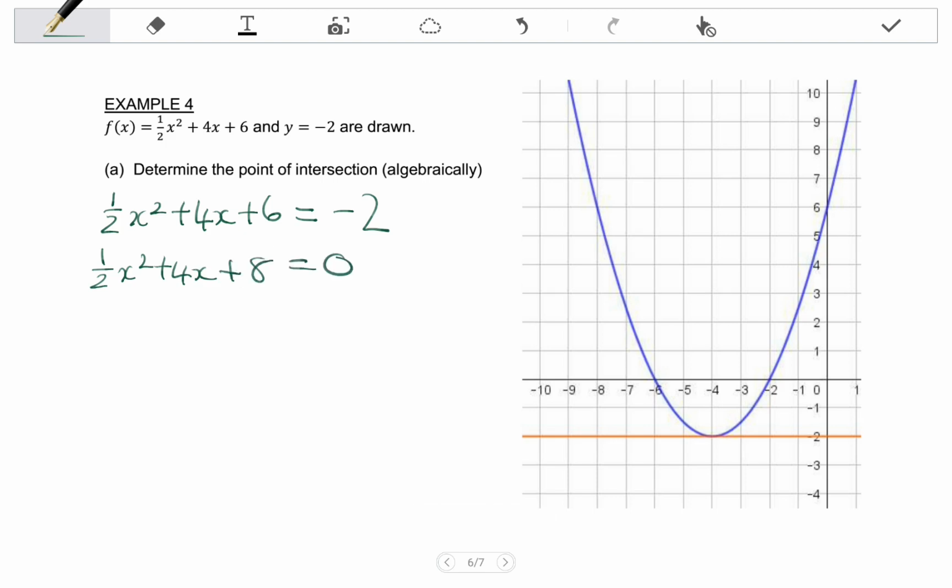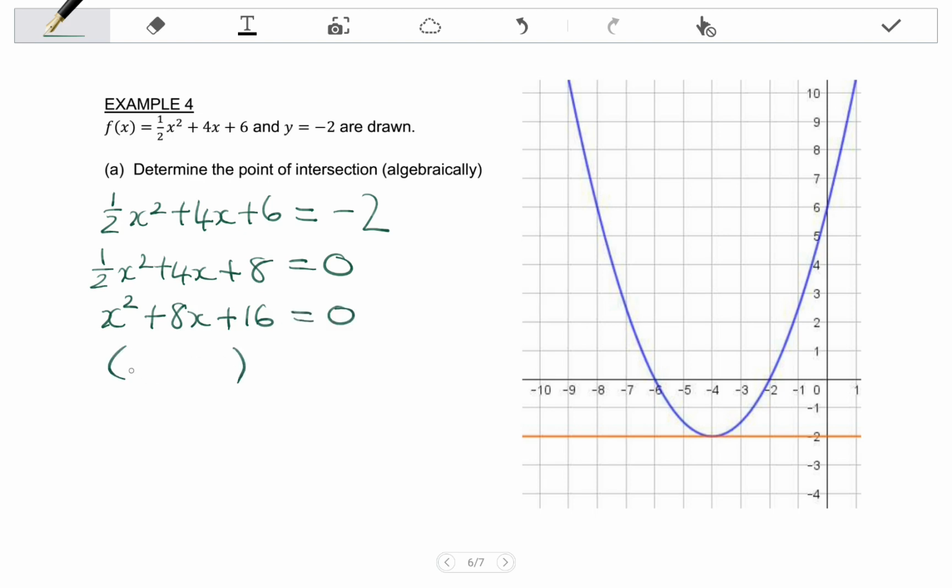You're welcome to use your calculator, but I'm just going to show you how you could factorize this. I don't like the fraction, so I'm going to multiply every term by 2. That gives me a coefficient of 1 for the x squared, plus 8x, plus 16 equals 0.